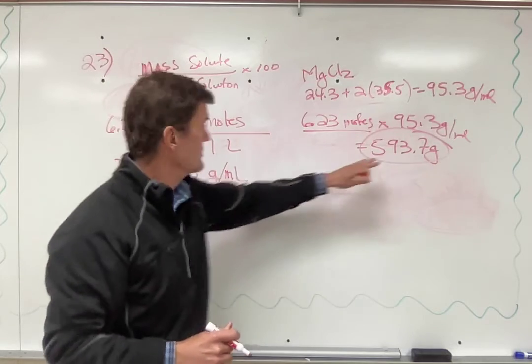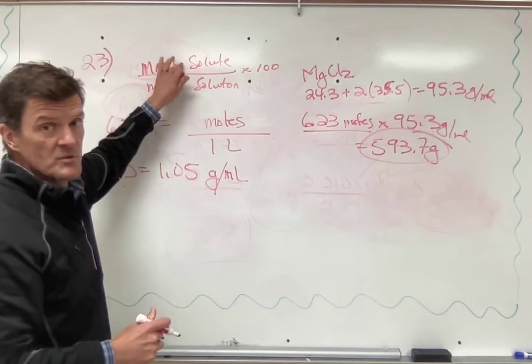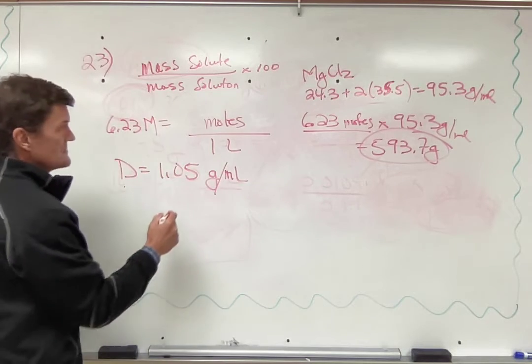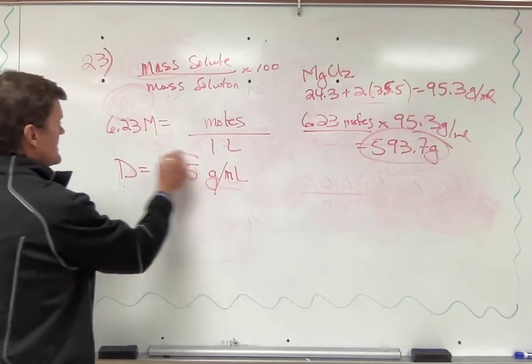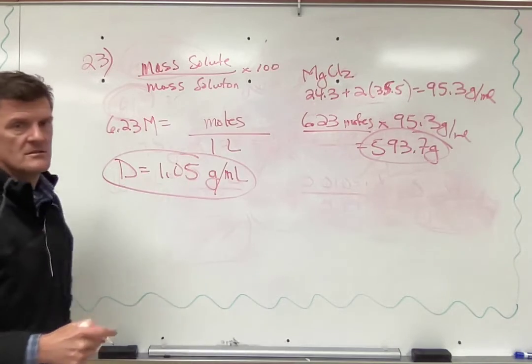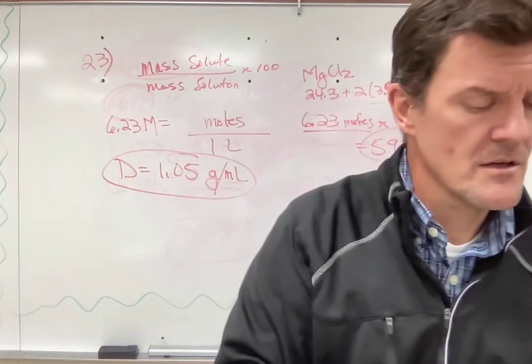Now, this is the solute. That's the top number here. I want to know what's the mass of the total solution. Well, they told me that the density of the solution is 1.05 grams per milliliter, right?